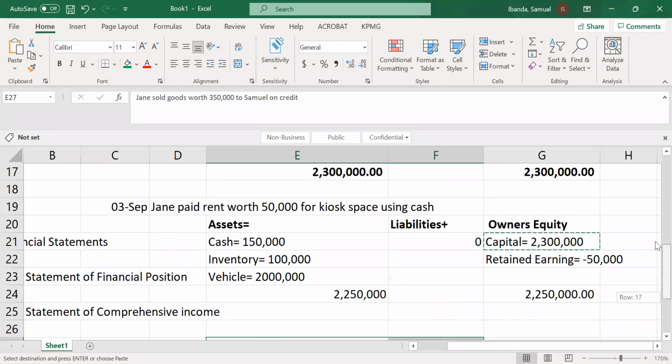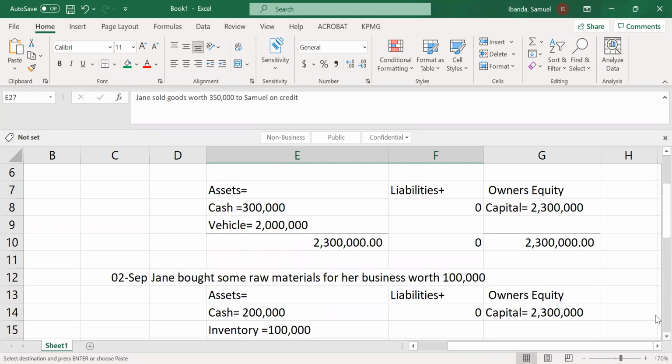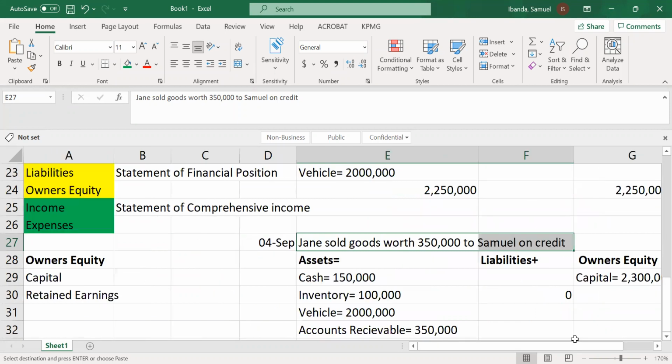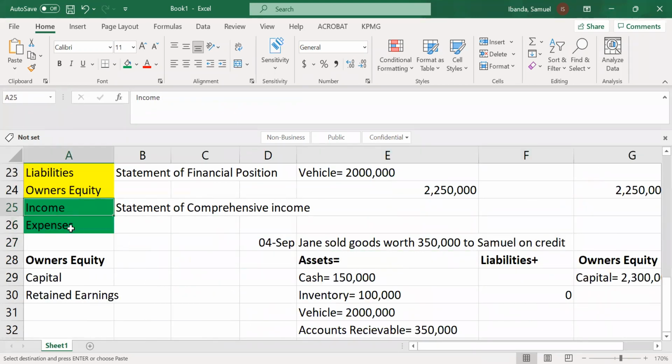It has an aspect of income. And like I said, whenever we have income and expenses in a transaction, then that transaction will affect the owner's equity and will affect the retained earnings item.